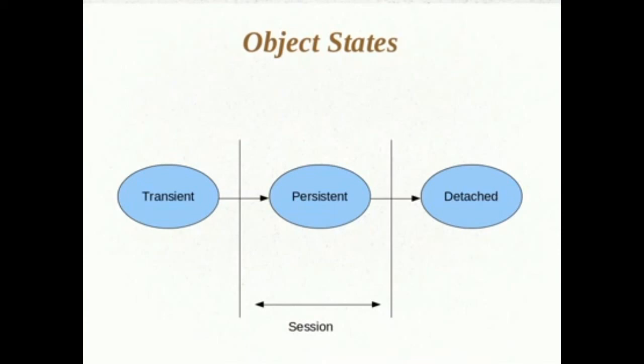Now there is one particular scenario where you would want to move an object from a detached state to a persistent state again, which means that the object was persistent somehow, and then the session which persisted the object was closed and it became detached. And now we want to attach this object back to the session and make it persistent again. We'll look at a use case when this might be required.